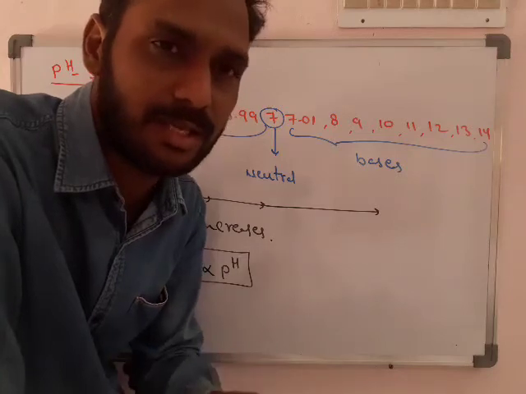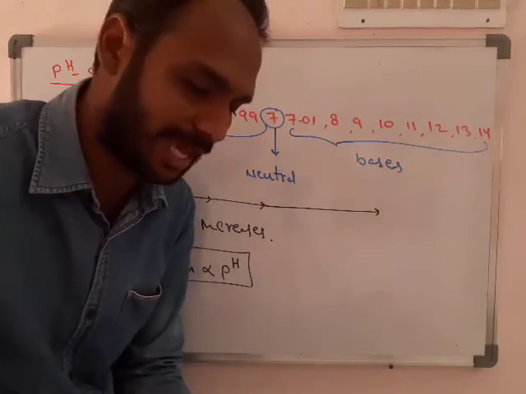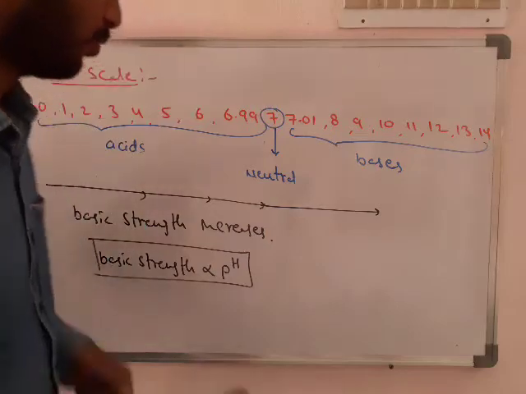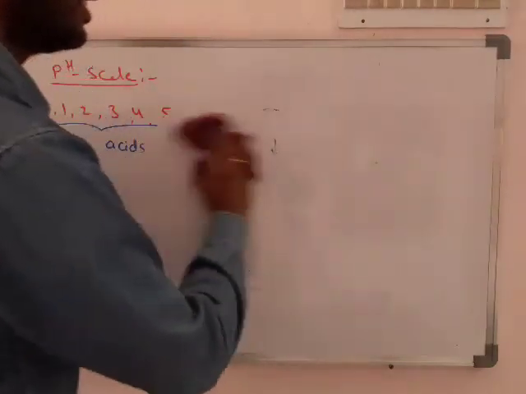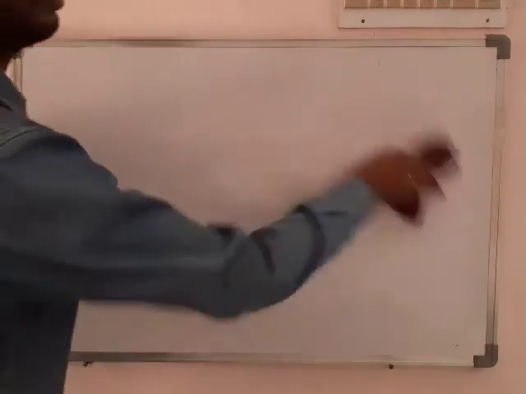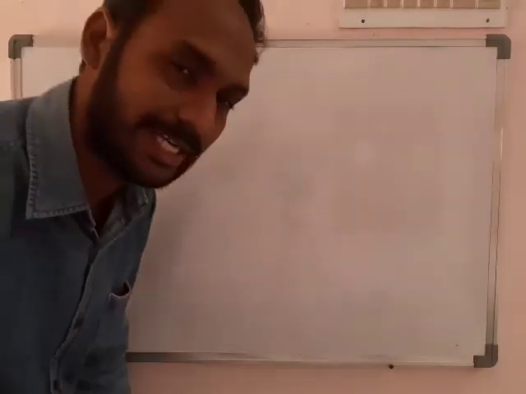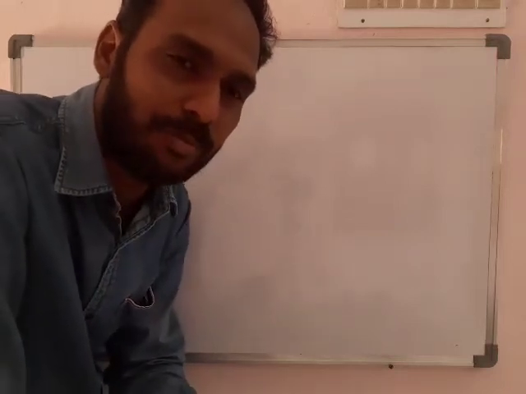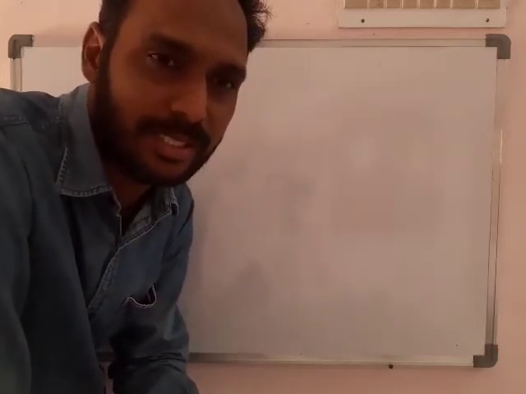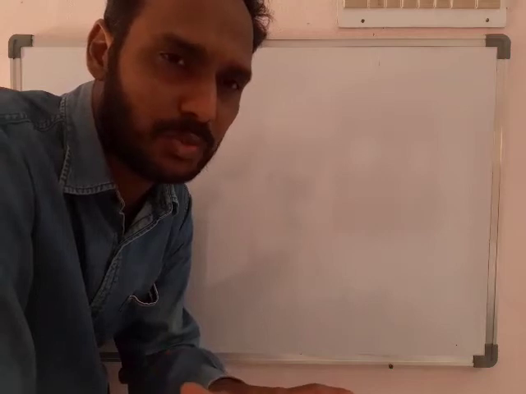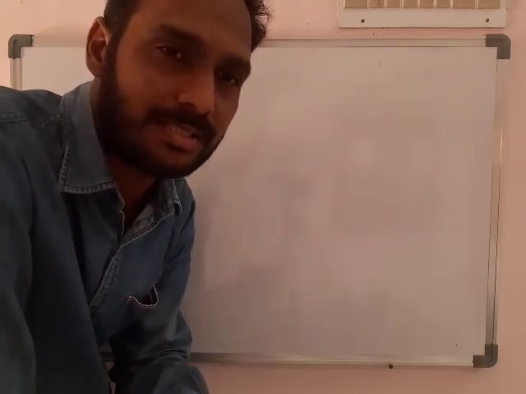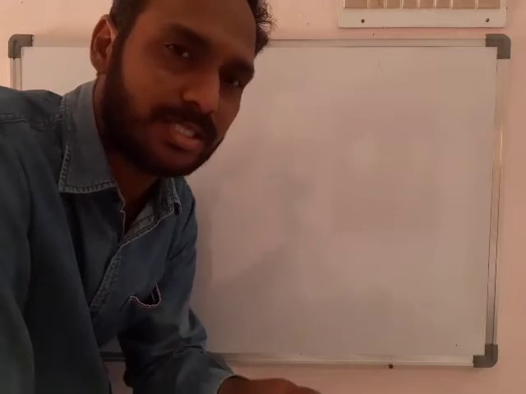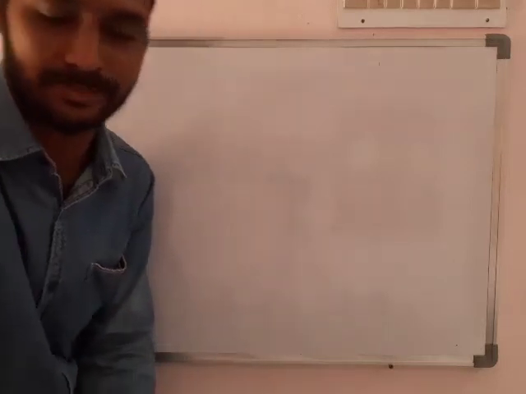Next, more important, we apply it for weak acids and weak bases. Is there any change in the formula of pH for weak acids and weak bases? The original formula has no change: pH equals minus log H plus. But for weak acids, we know that the H plus concentration is somewhat different.